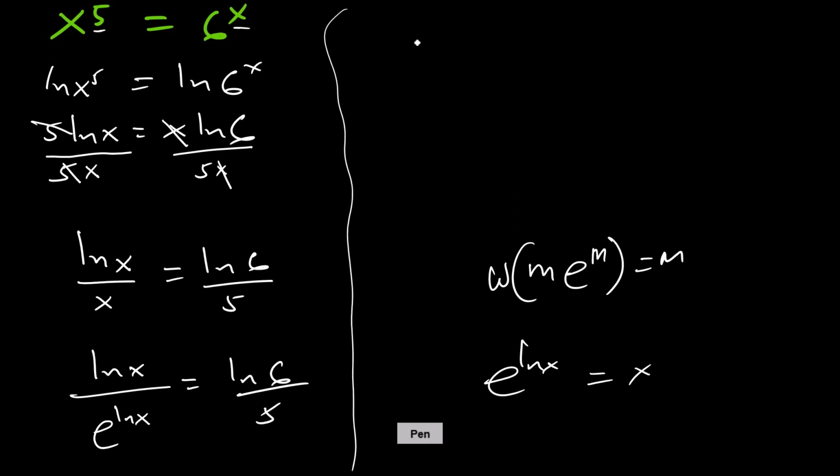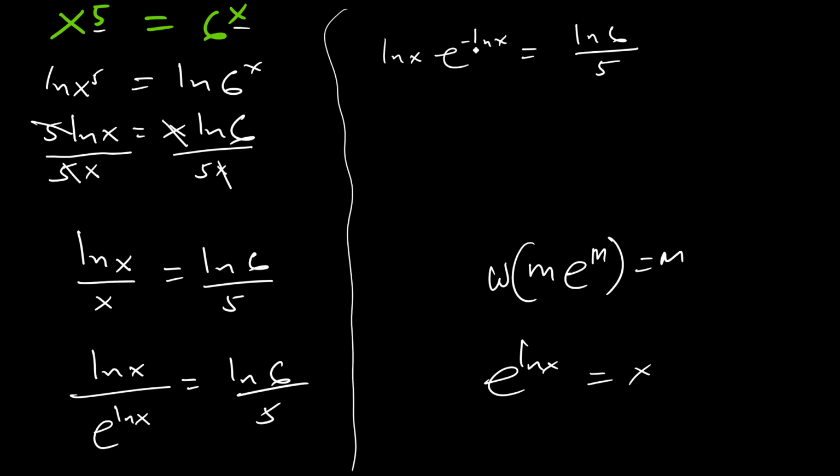Alright, so let's write this one in linear form. So we can say ln of x times e exponent negative ln of x equals ln of 6 over 5. Okay, so before we can take the Lambert W function, we have to make sure what is here and what is there are equal.